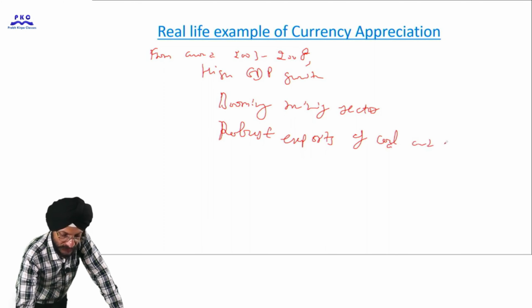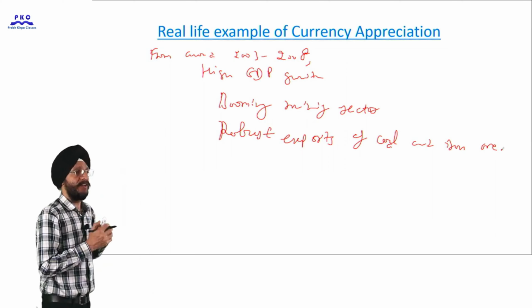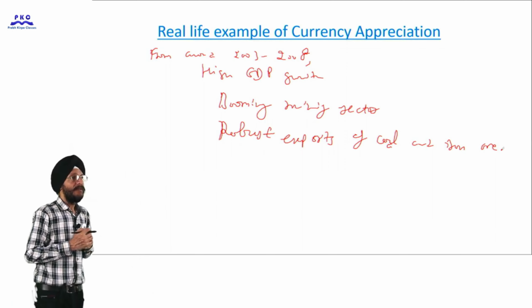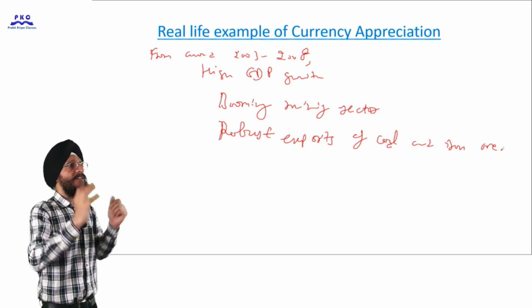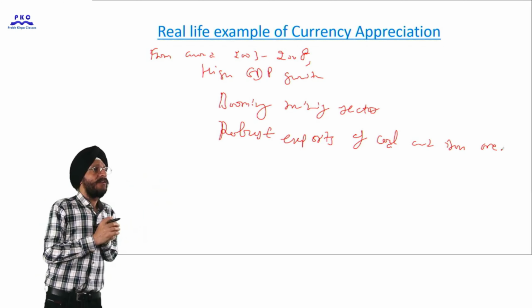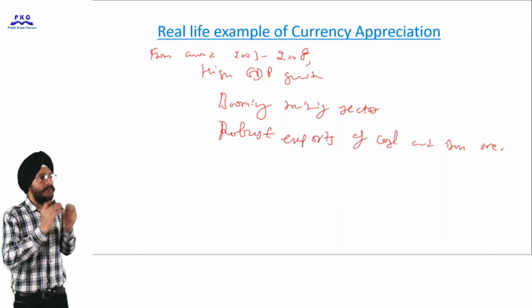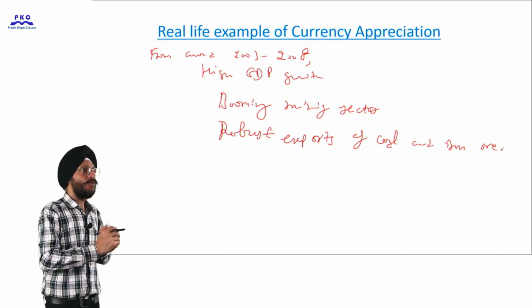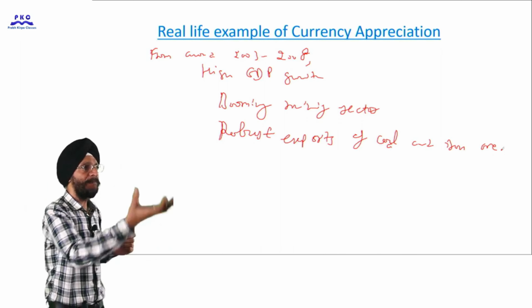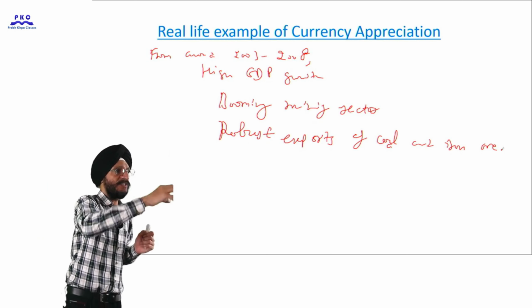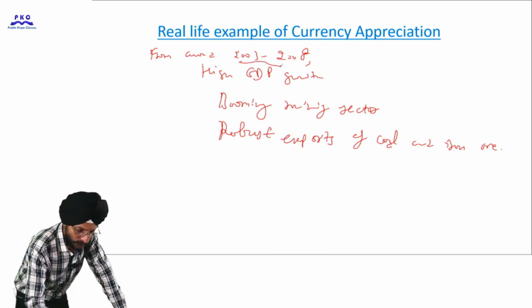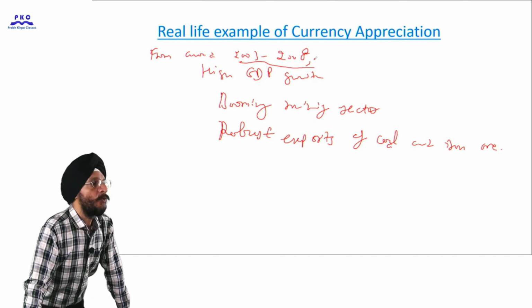It had those reserves, and so it was exporting. The political environment in that country was very stable. The interest rate policy of the Australian central bank was also very favorable. So all of it resulted in the appreciation of the currency of Australia during the period 2003 to 2008.